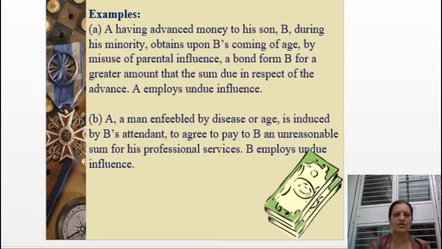Another illustration. A man enfeebled by disease or age is induced by B's statement to agree to pay to B an unreasonable sum or amount for his professional services. So here B employs undue influence.